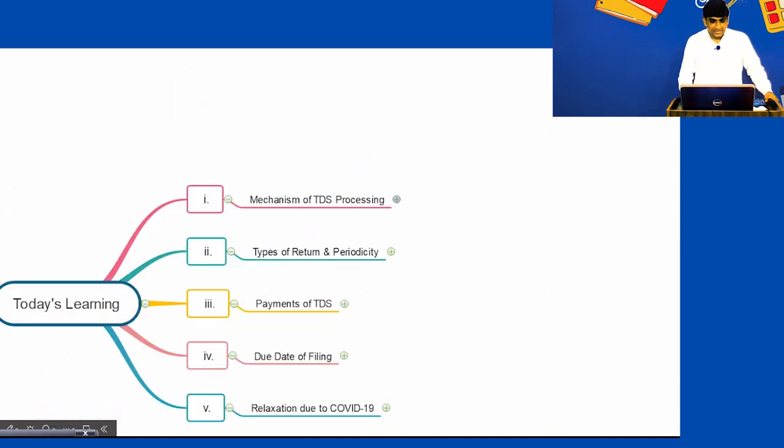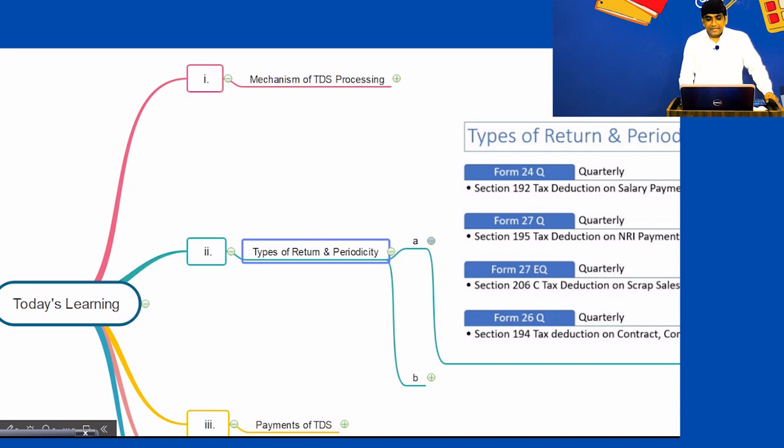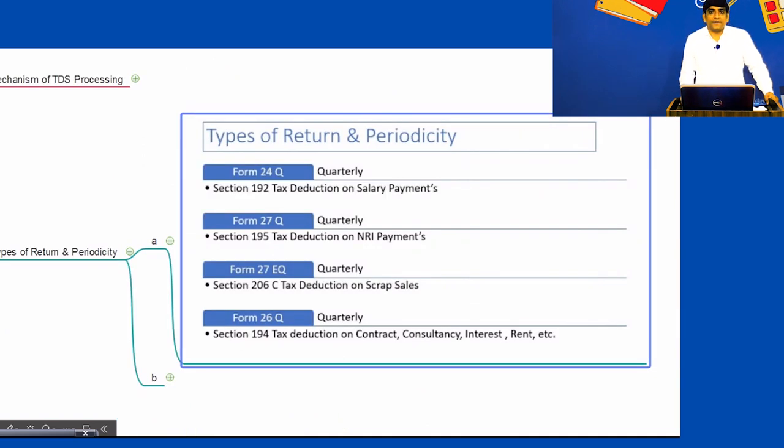Now we will see what the types of return are and what the periodicity of filing of the returns is. Mainly four types of return are filed by business persons. First is form 24Q, which relates to tax payment on salary payment. Another is form 27Q, which is for tax deduction on NRI payments.